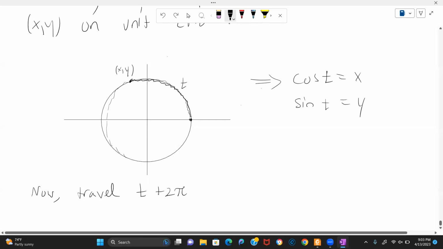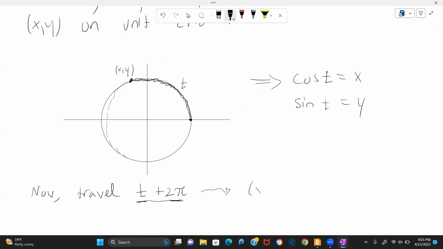So you travel the 2 pi and land back at the same spot because that's the circumference of the circle, and then you finally travel the t. So that means you travel here and then land here. So if you travel this whole distance, it corresponds to the same point, right?